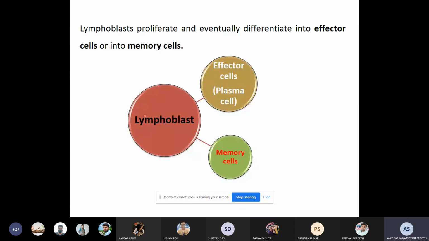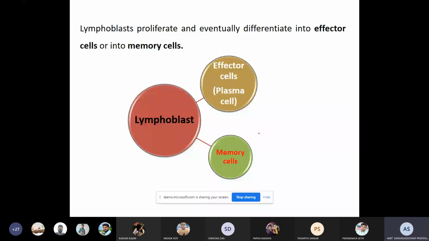So the lymphoblast is proliferating and differentiating into the effector cell, also known as the plasma cell, and the memory cell, the memory we are talking about. How that is happening, we'll gradually try to understand.